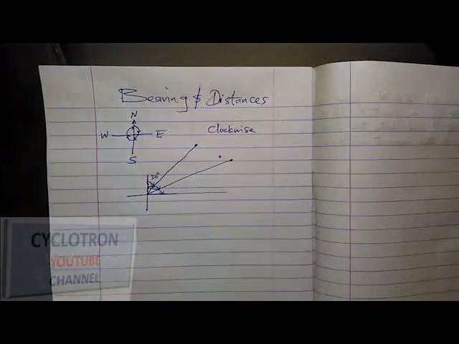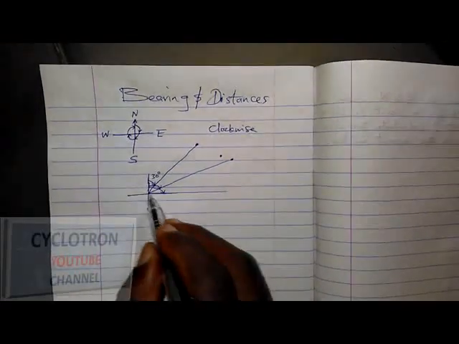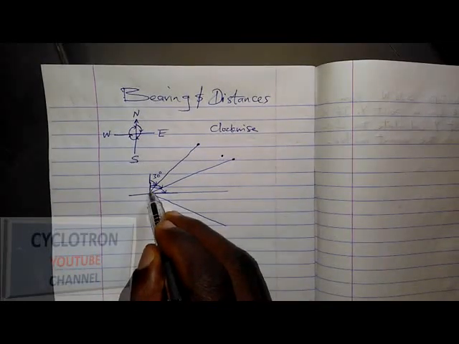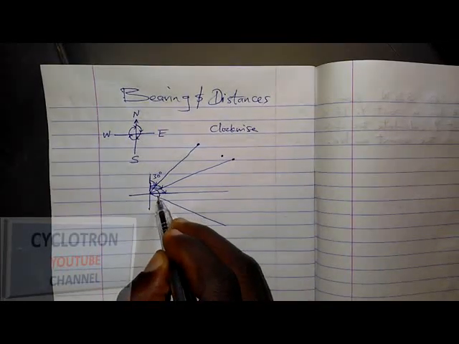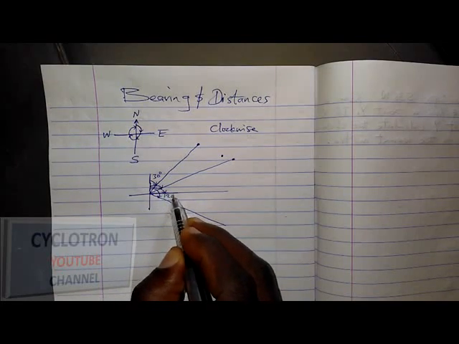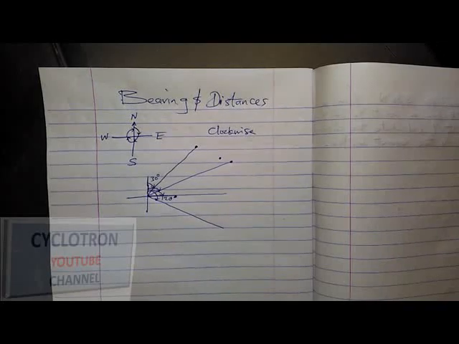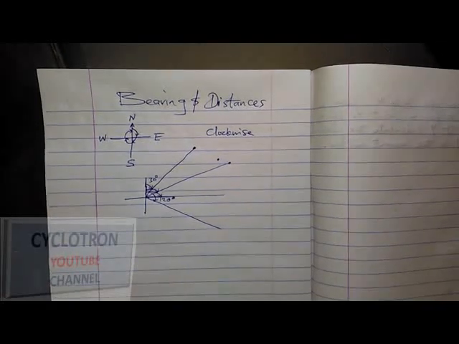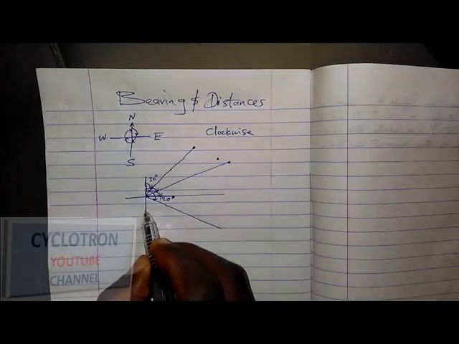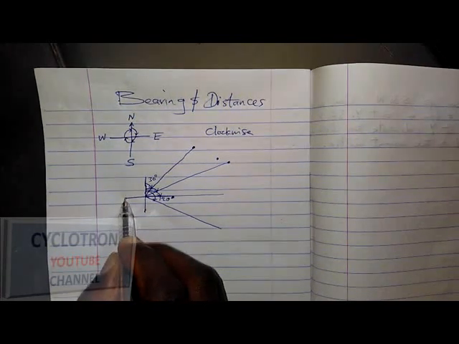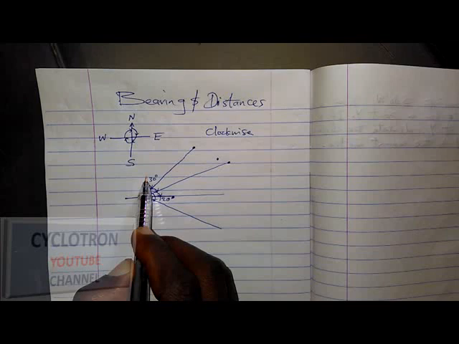If it is more than 90, let's say 120, it will be in this quadrant, and you draw it from there and you label it 120. If it is 120 degrees, that is bearing. If it is up to 180, this is 180. This is 270, and this is 360.